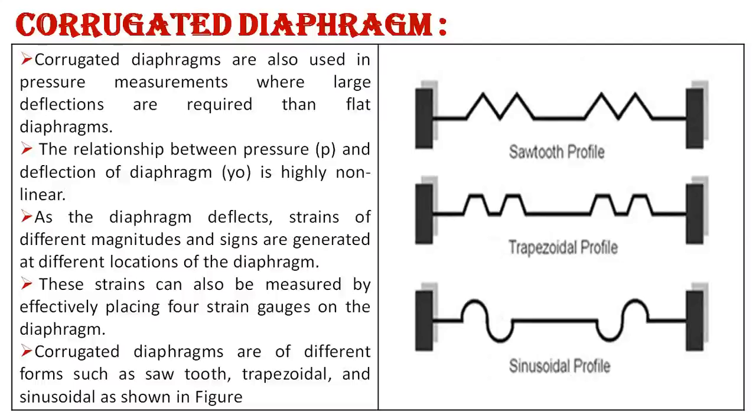As the diaphragm deflects, strains of different magnitudes and signs are generated at different locations of the diaphragm. These strains can be measured by effectively placing 4 strain gauges on the diaphragm. Corrugated diaphragms are of different forms such as sawtooth, trapezoidal and sinusoidal, as shown in the figure. So these are the corrugated diaphragms.